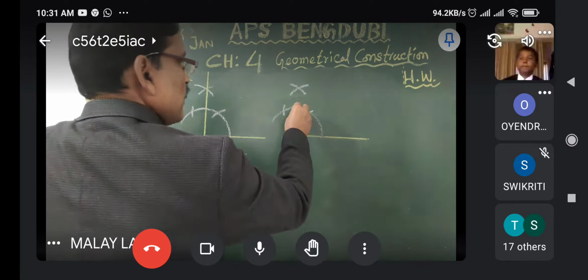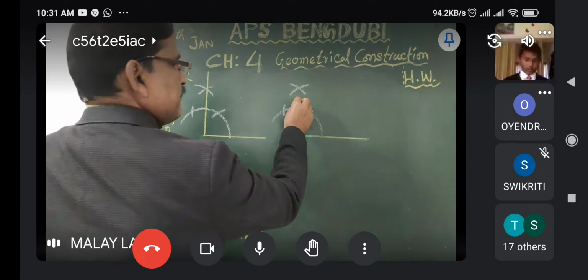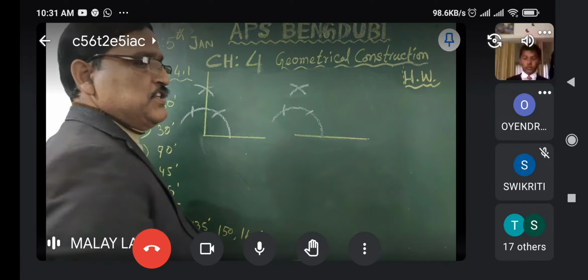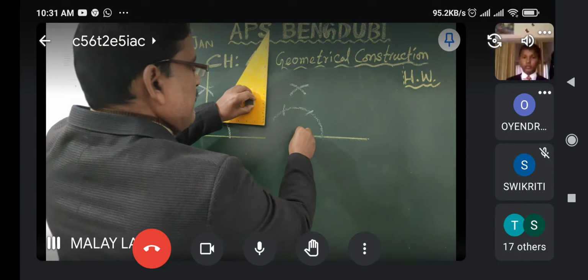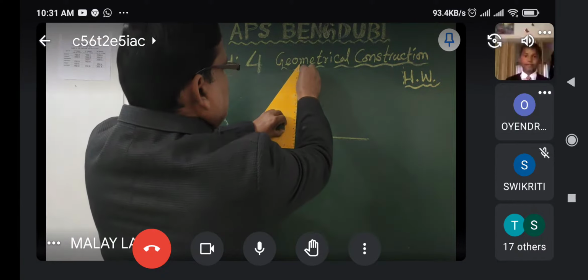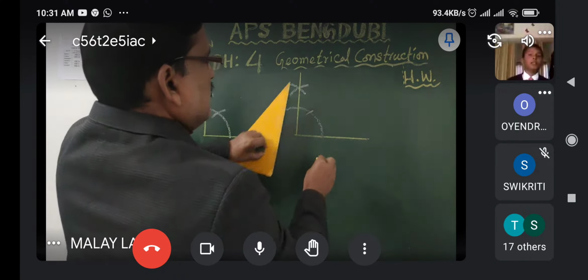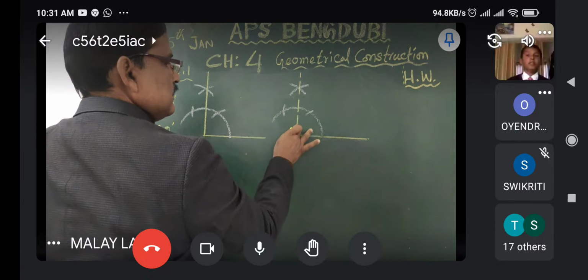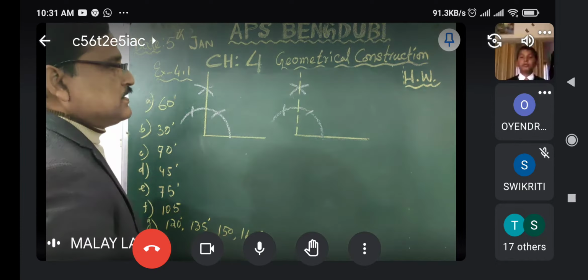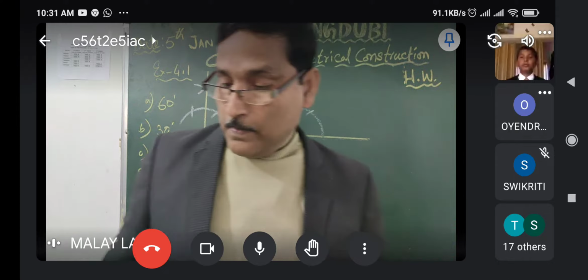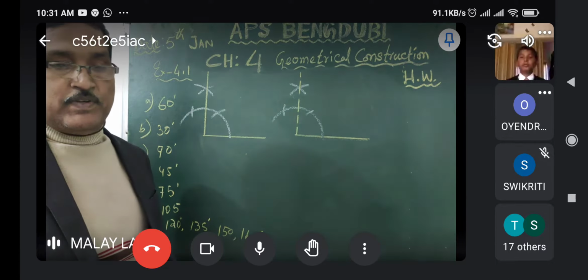What is the position of 90 here? If you don't join the line, you will not make it out. So place your pencil and ruler and then join. It is better if you join it with a dotted line, because it is not required, but it will help to draw the 45 degree.